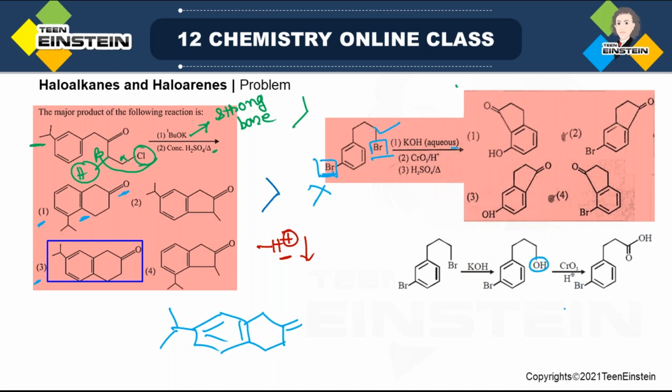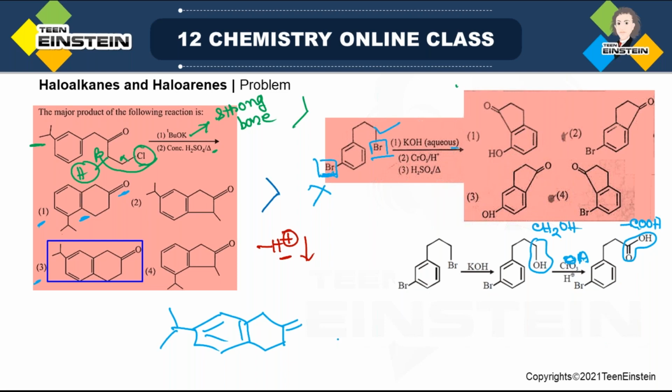Next reagent is oxidizing agent CrO3 H plus. Here what will happen, this CH2OH group, which is 1 degree alcohol, will be converted to COOH because we are using some oxidizing agent. But this is not end of the reaction because you are also using some acidic condition. Now, in acidic condition, protonation is possible to this oxygen.